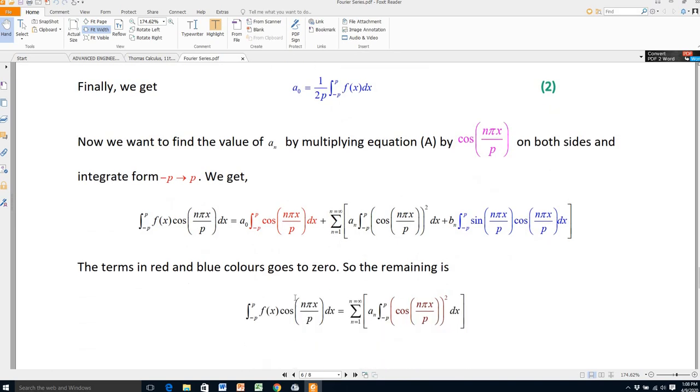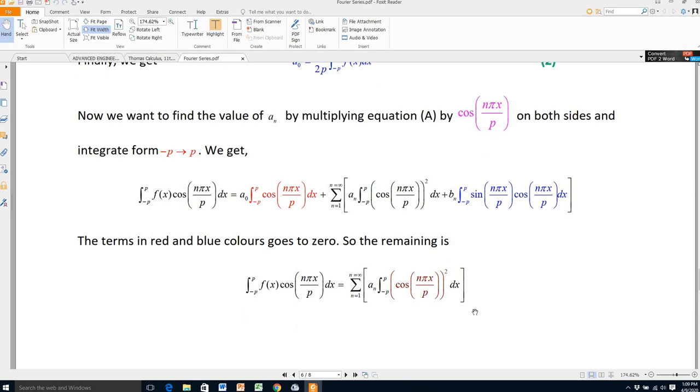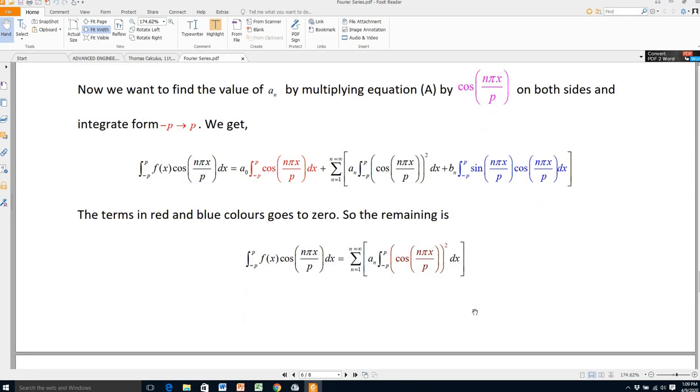The terms in red and blue go to 0. So the remaining is the integral from minus p to p of f of x cos n pi x over p dx equals the summation from n equals 1 to infinity of a n times the integral from minus p to p of cos n pi x over p whole square. You know that when trigonometric functions are in a square form, their integral does not exist.